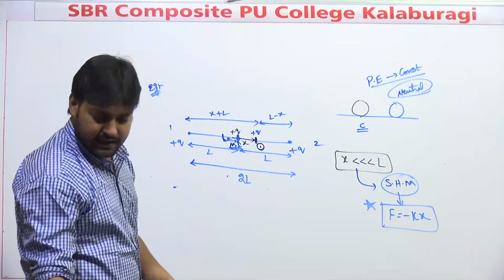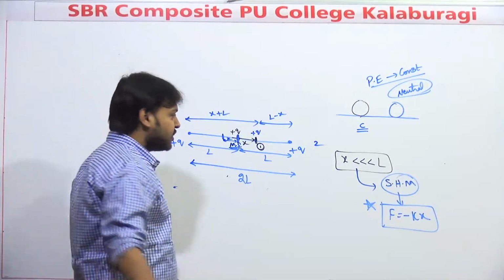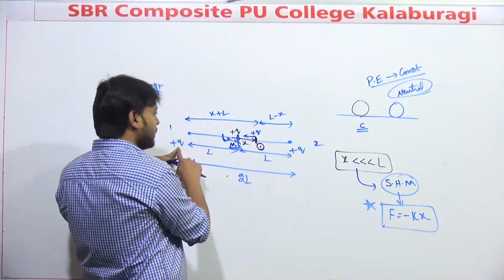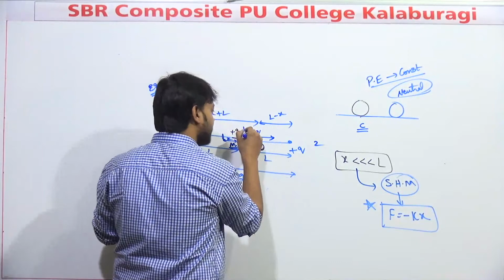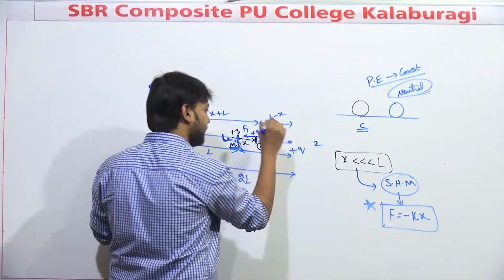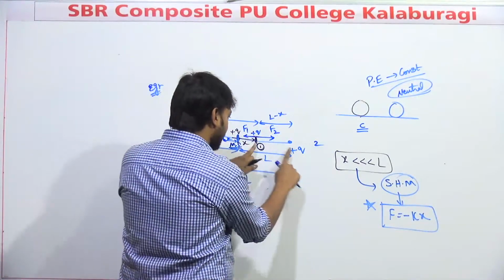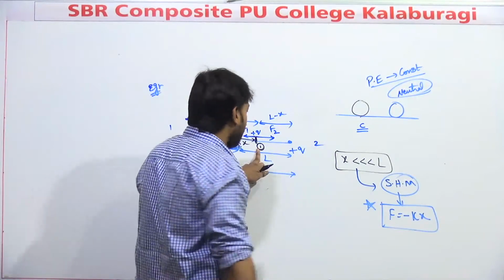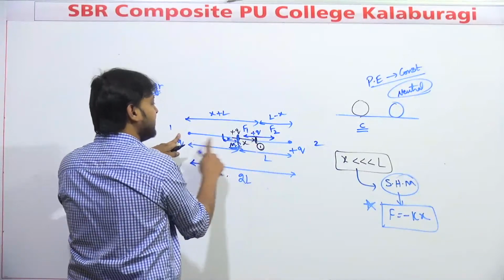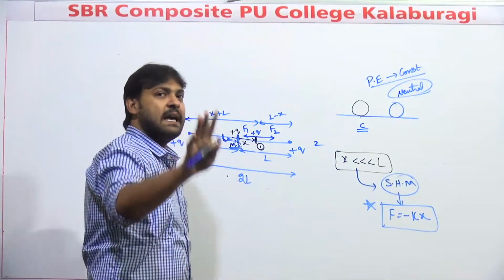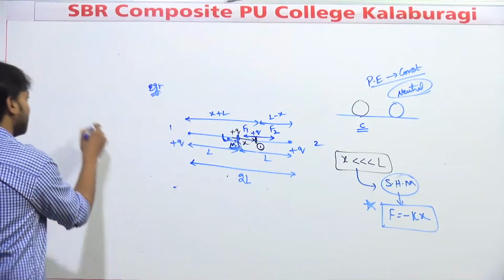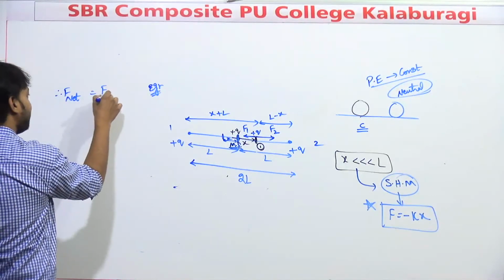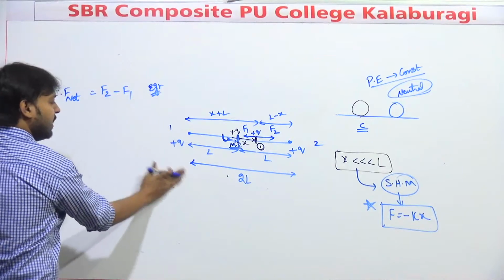So tell me how to calculate the net force. At this point, positive, positive, repulsive force, and again positive, positive, repulsive force. So this will be F1 and this will be F2. Now F1 is due to these two, the distance is less, so the force will be more. F2 is due to these two, the distance is more, so the force will be less. Therefore, I am writing the net force as F2 minus F1. Got the point?